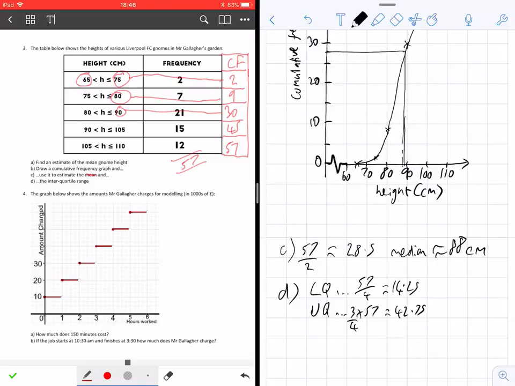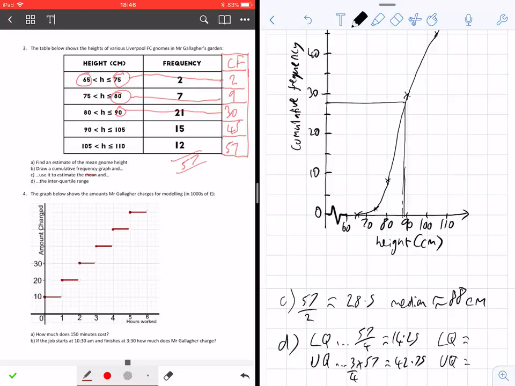So these are the two values that I'm going to be reading across from on my graph. So obviously again extremely roughly on mine. So 14.25, okay, sort of nearly 15. It's going to be about, let's call it 83.